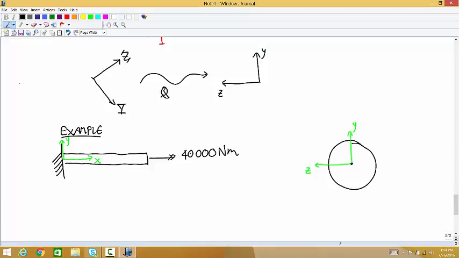And let's say we want to calculate, well, let's calculate a couple of these. Let's calculate the stress here, here, and then let's do it here, where this angle is 45 degrees.